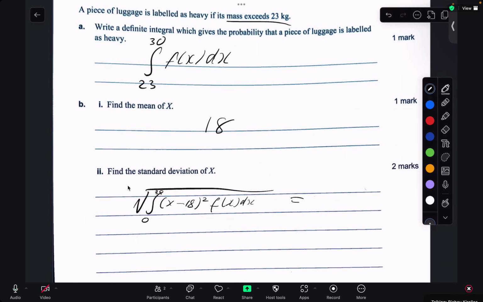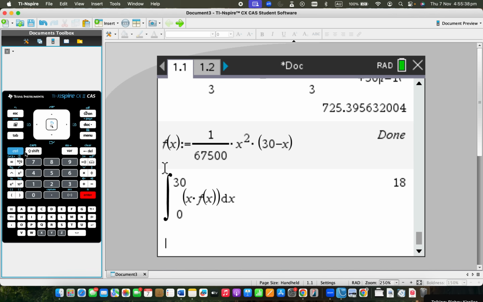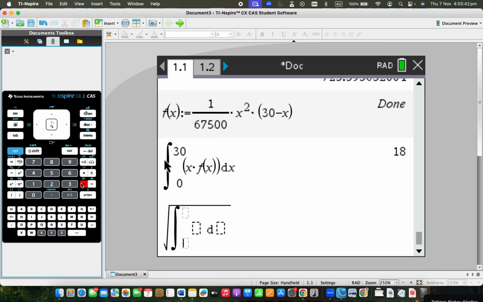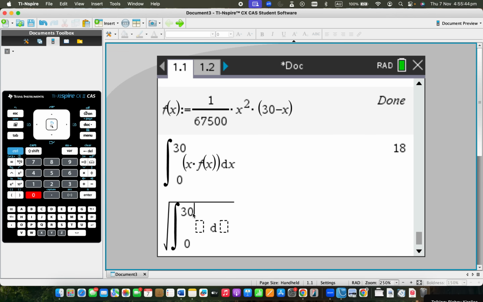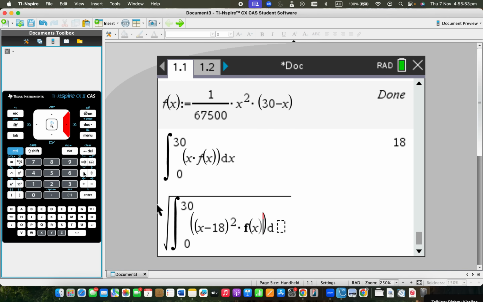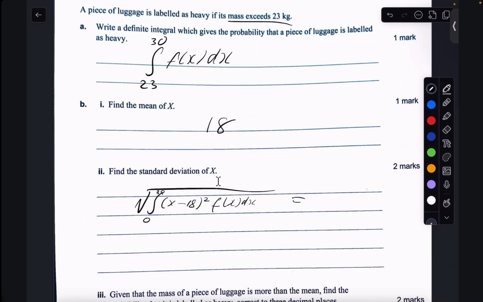Now what's that? So square root of the integral from 0 to 30 of x minus 18 squared times f of x dx, and that's 6.